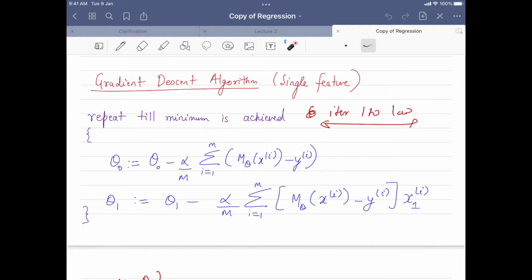So as you increase the size of the training samples m, which is typically in millions, the computational complexity of this equation will increase, and it will slow down the gradient descent algorithm. That is the main thing here.